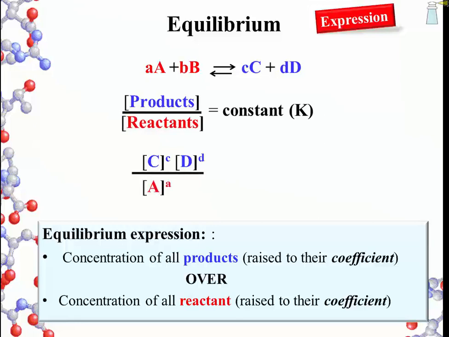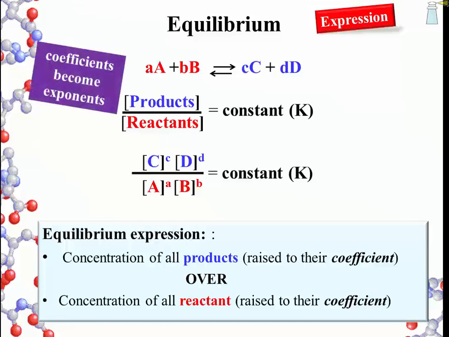The concentration of capital A raised to the power of little a times the concentration of capital B raised to the power of little b. At equilibrium, this ratio comes to a constant. Bottom line, the coefficients in the balanced chemical equation become exponents in the equilibrium expression.